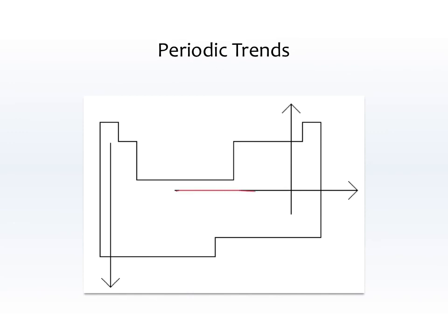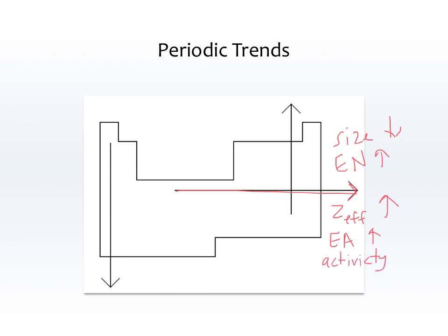So, as you go across from left to right, size decreases, electronegativity, EN, increases, effective nuclear charge, assuming you're not changing groups, just going straight across, increases, electron affinity, EA, increases, and activity within the nonmetals only increases. And I think that's all for going across.